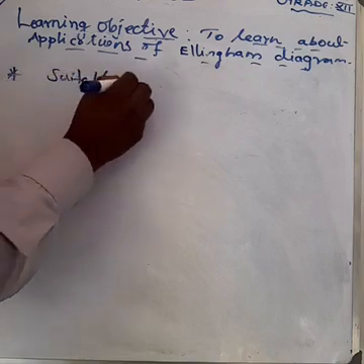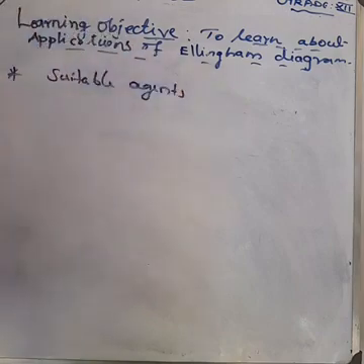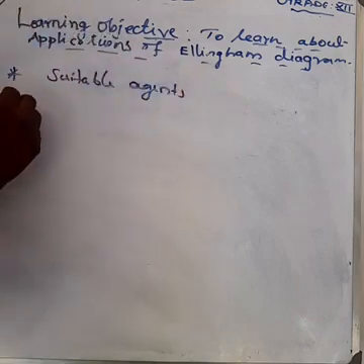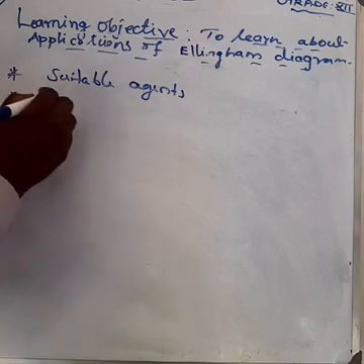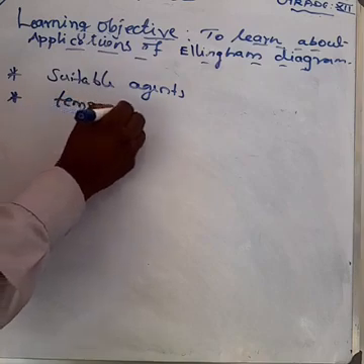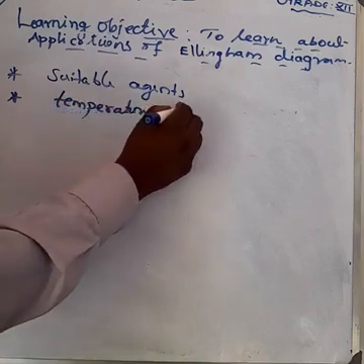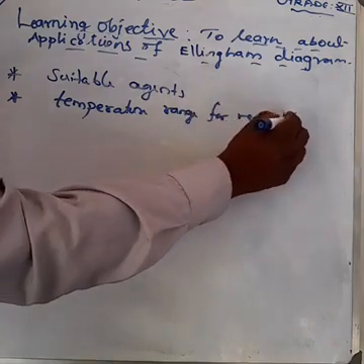Number one, select a suitable reducing agent, and second, it helps to select an appropriate temperature range for reduction. These are the two applications. We can learn about some examples.